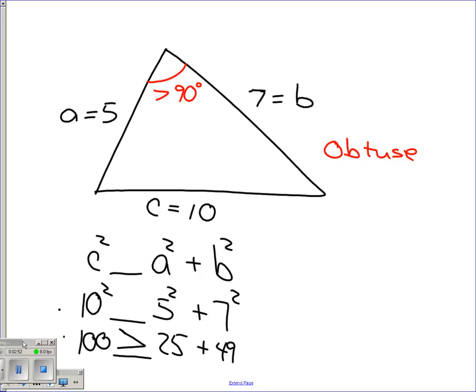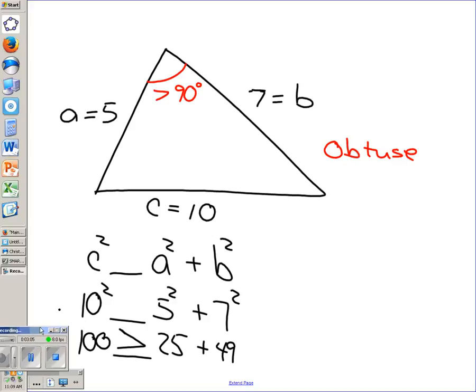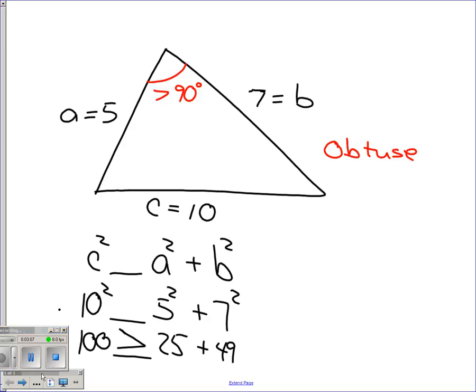All right? If C squared is greater than the sum of the squares of the other two, the angle has to be greater than 90. Well, let's take a look at what this shows us when we have a comparison between the two. And this is what we need to know.